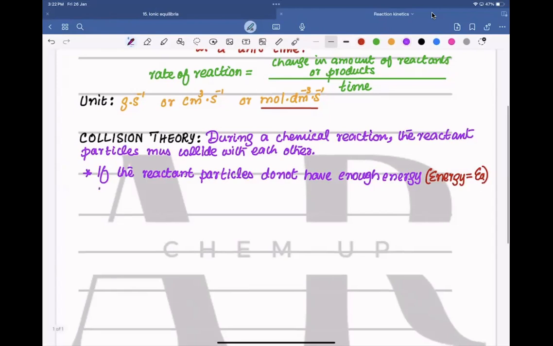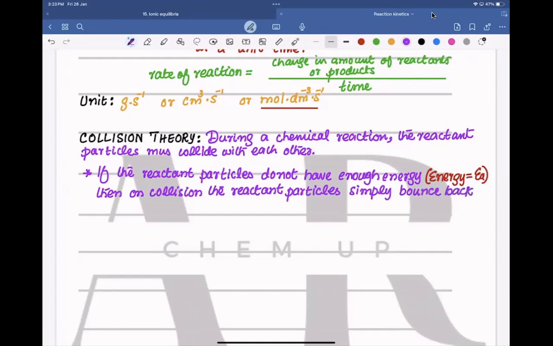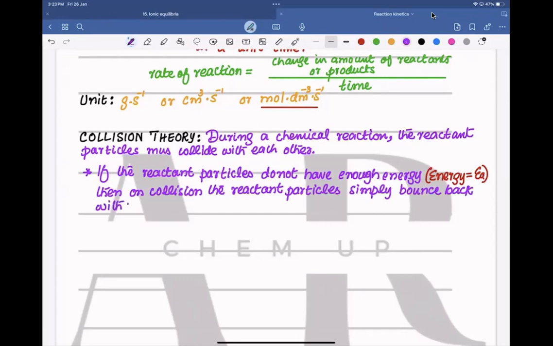So then on collision, reactant particles simply bounce back without changing into product.